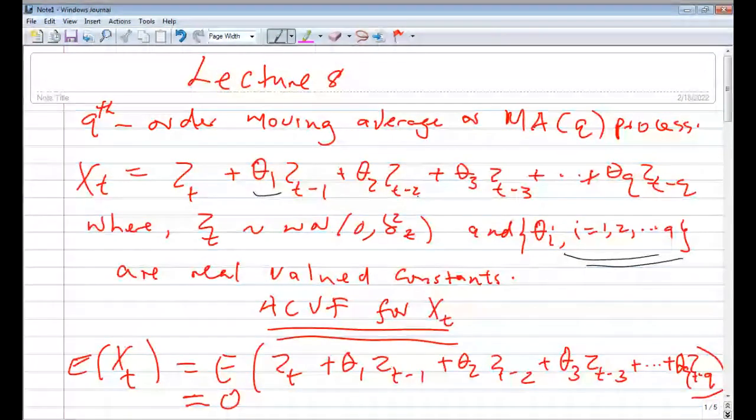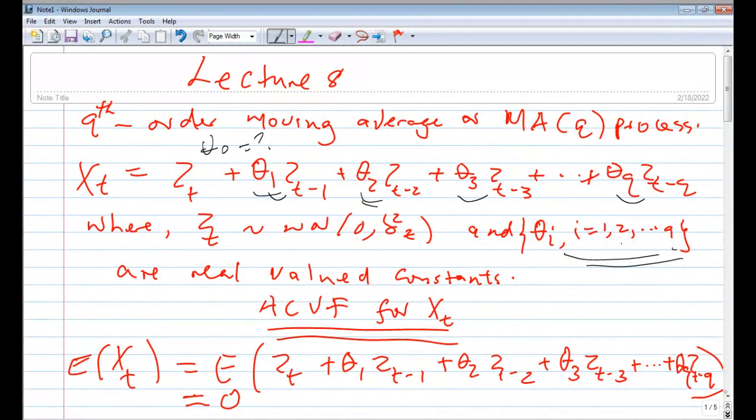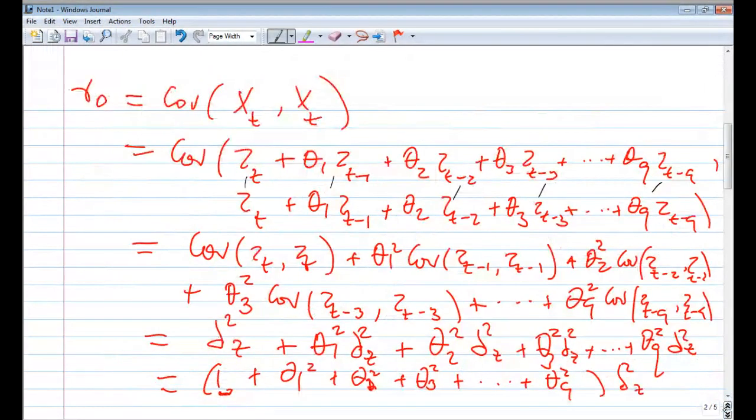For the definition, i ranges from 1, because we have theta 1, 2, 3 up to Q. We didn't include 0 because we don't have theta 0 there. That is why we didn't start from 0, because of the definition.